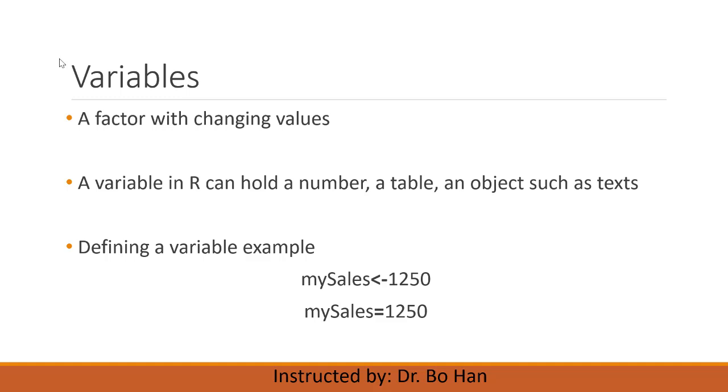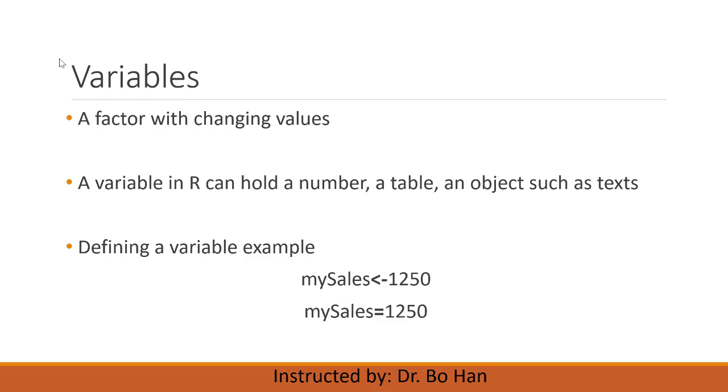First, variables. What is a variable? A variable is a factor with changing values. Just like what you learned in the mathematics class, you can give a number or a table of numbers to a variable. You can also give an object, such as text data, to a variable in the R language.